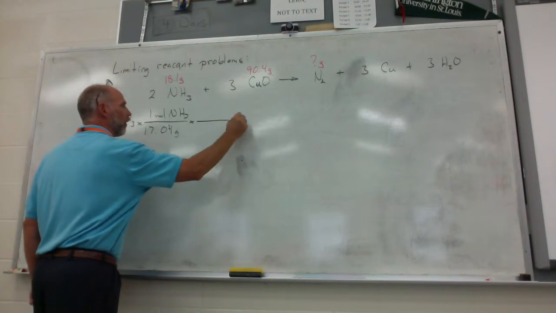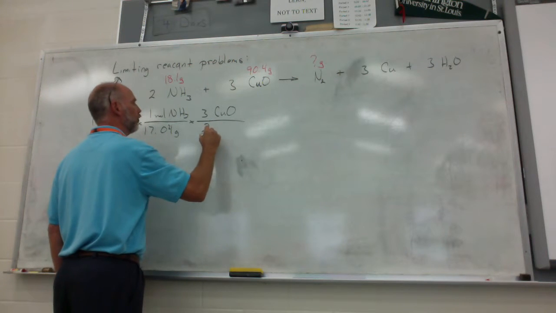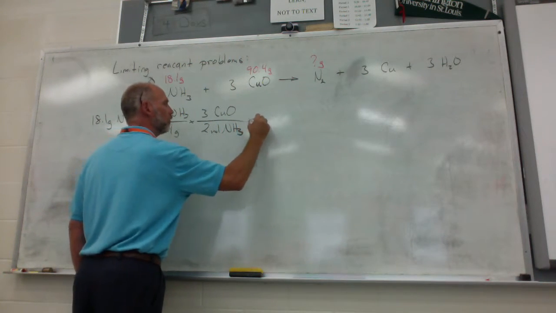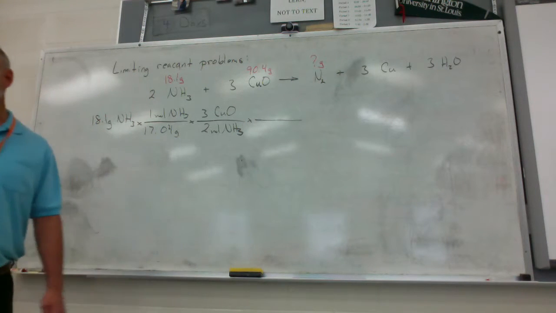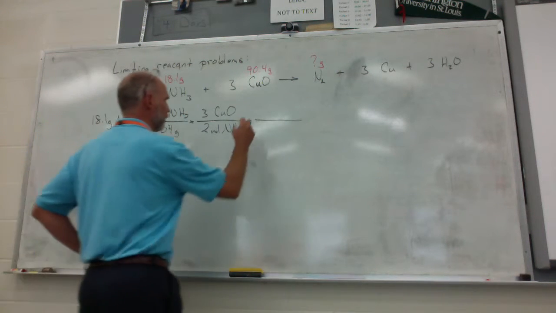And then we know the mole ratio is right there in front of us. So it's 2 moles of ammonia. Now, copper 2 oxide. Copper is 63.55, I think, and oxygen. So we're looking at 79.55. Someone can check me on that.